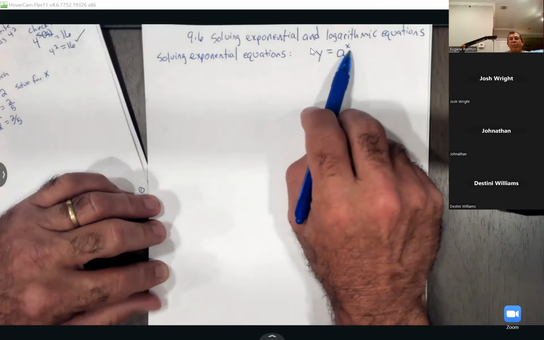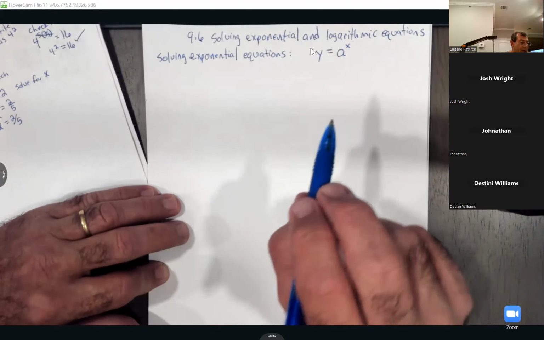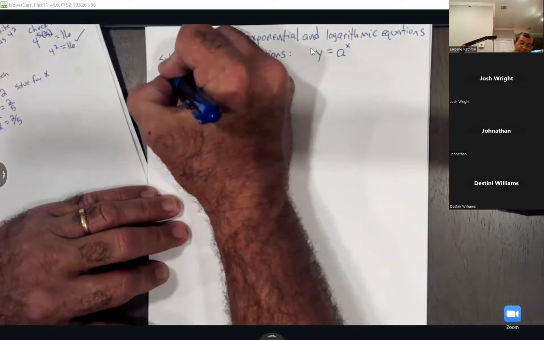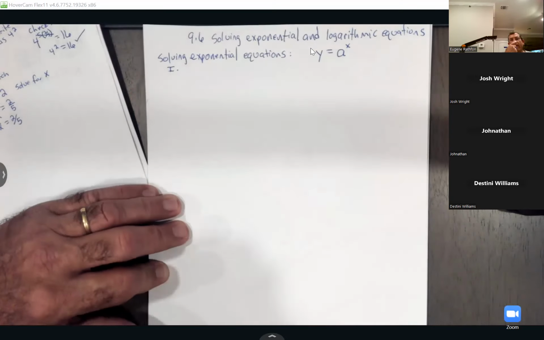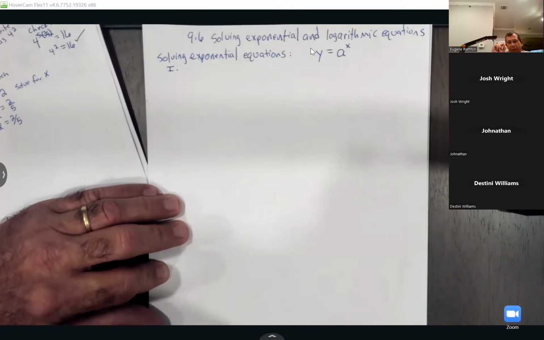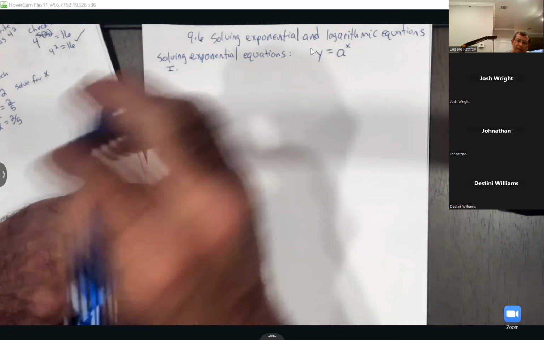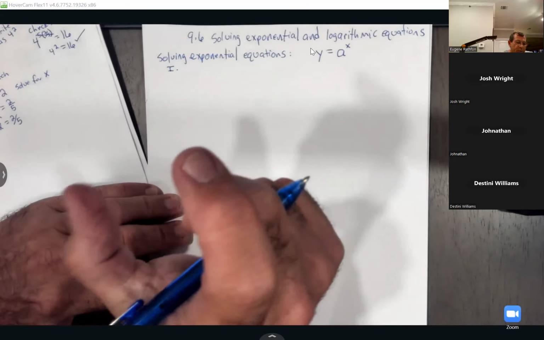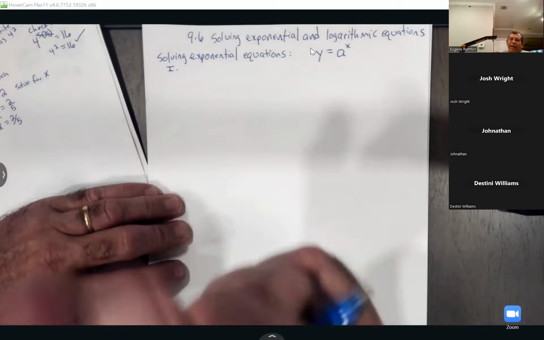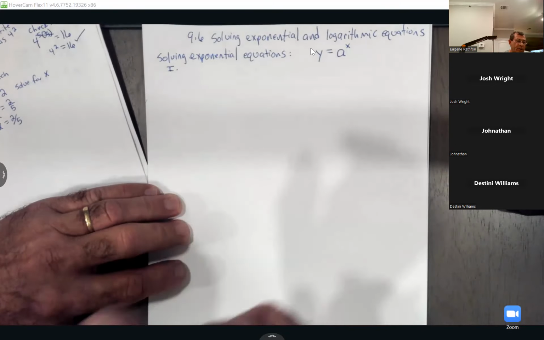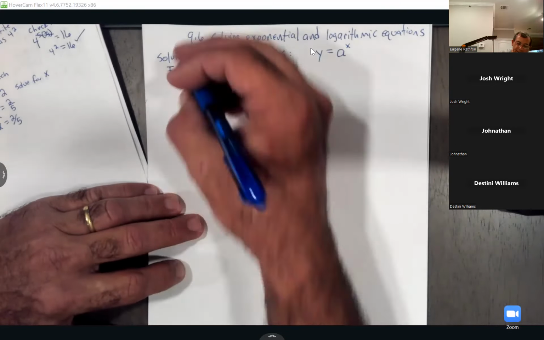So remember, my variable is the exponent in these type equations. So y'all, the very first thing I look at on these equations, I look and see if it's possible to rewrite each side of my equation using the same base.